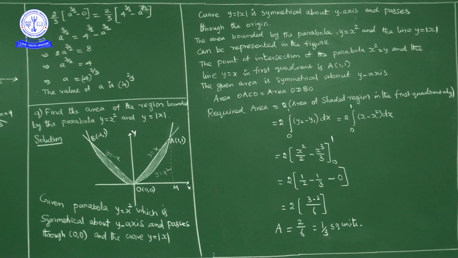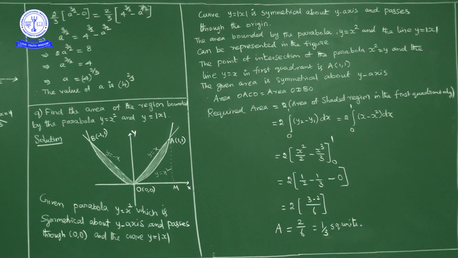Now first of all, where are these two curves intersecting? In first quadrant, y is equal to x square and y is equal to x. By taking the point of intersection, x square is equal to x, means x square minus x equal to 0.